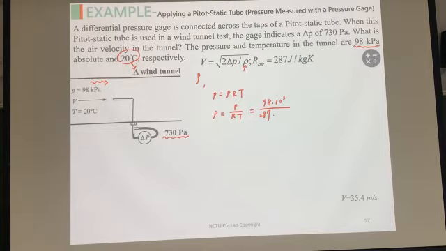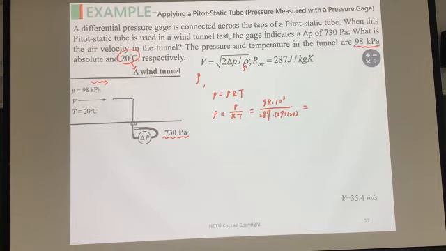And the temperature is 20 degrees, and we need to convert to the absolute temperature. So we need 273 plus 20 degrees. And you can compute how large the density of the air is. Okay, so let me use my calculator.